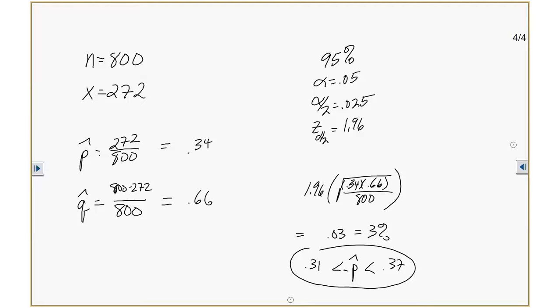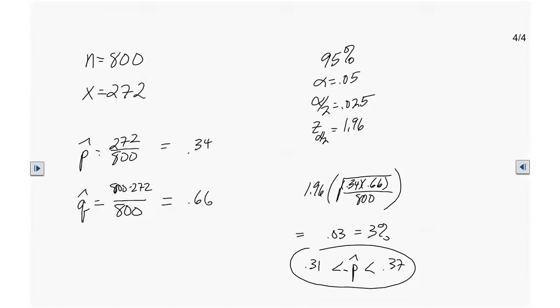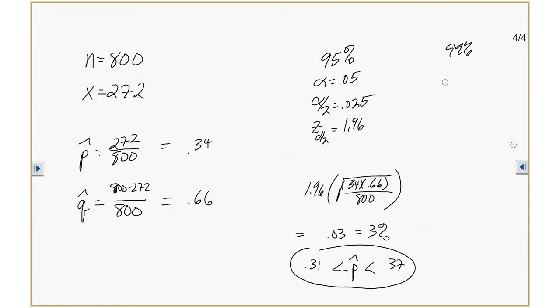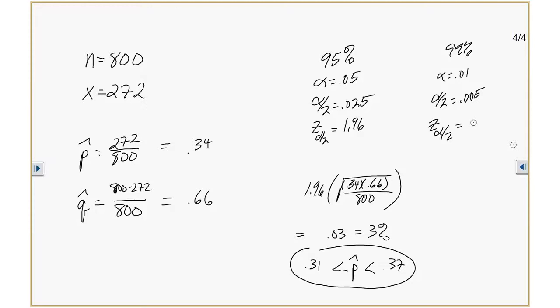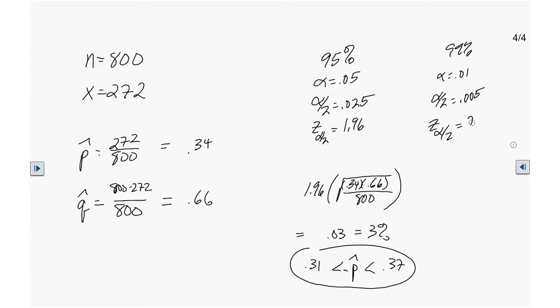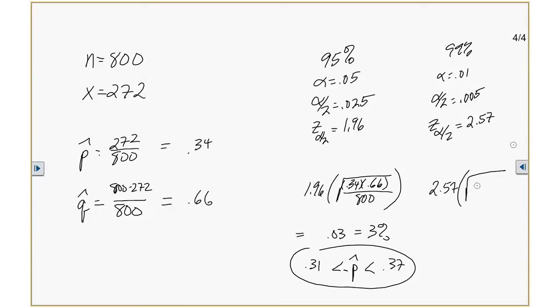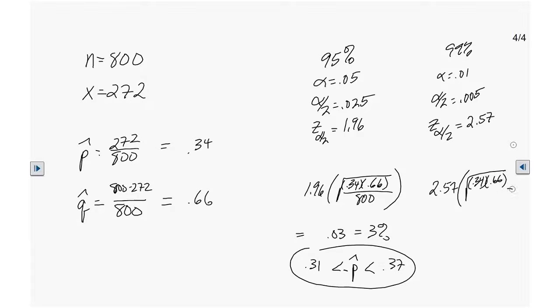Now 99% confidence level. Alpha is equal to 0.01. Alpha over 2 is equal to 0.005, which z sub alpha over 2 is equal to what? 2.57. So 2.57 times the square root of 0.34 times 0.66 divided by 800.